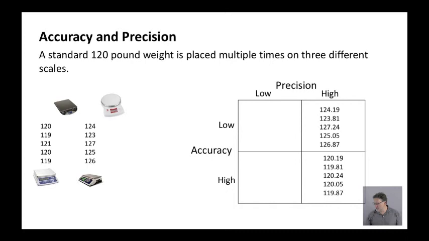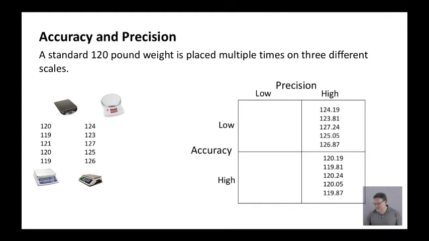And that's the one that you can see in the farthest in the upper right here, where you can see the precision is high to the nearest hundredth of a pound, and yet the accuracy, especially compared to the one whose results are shown below it, the accuracy is low.